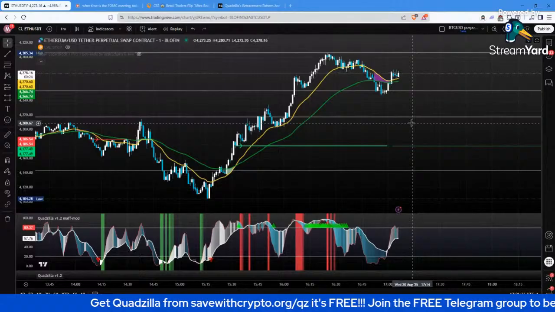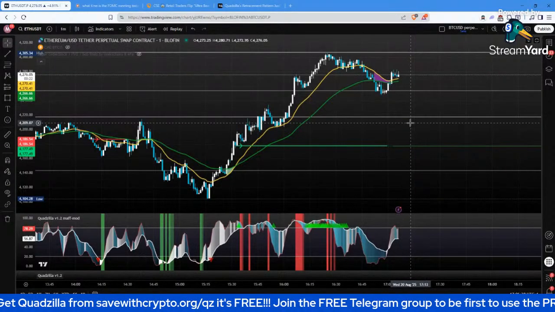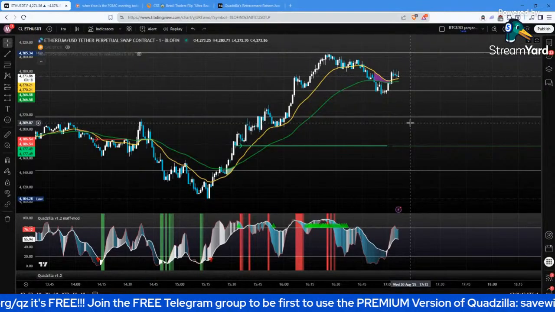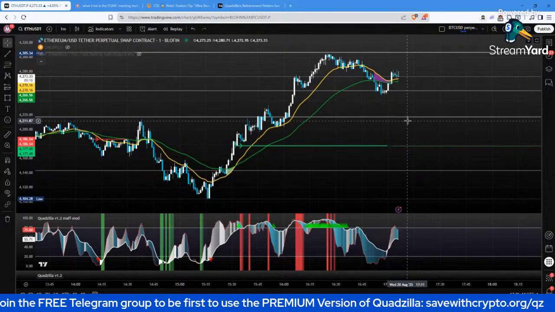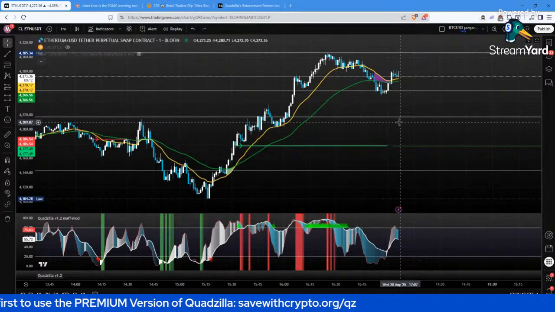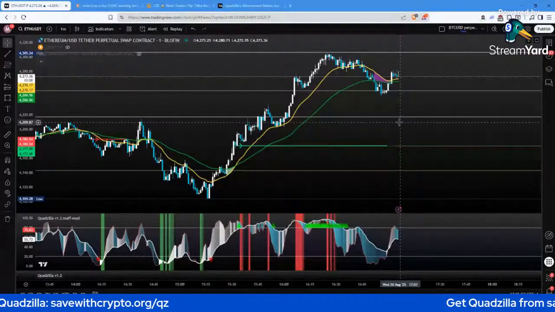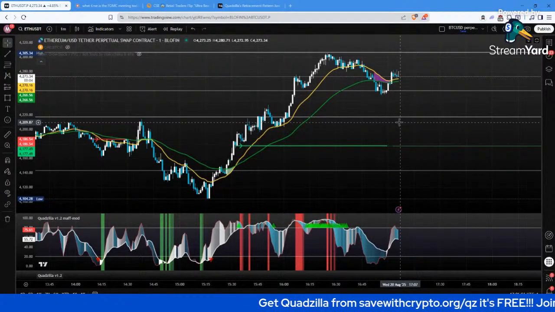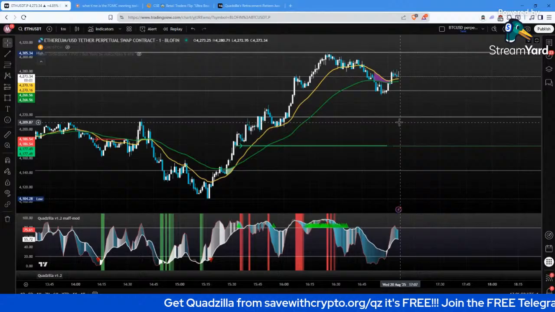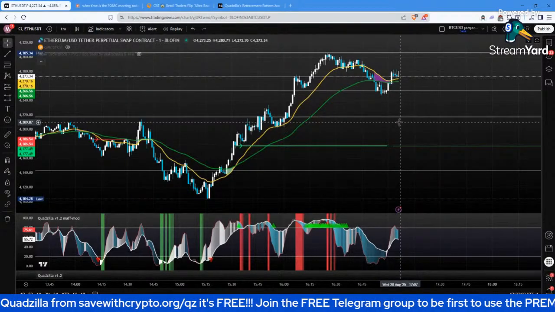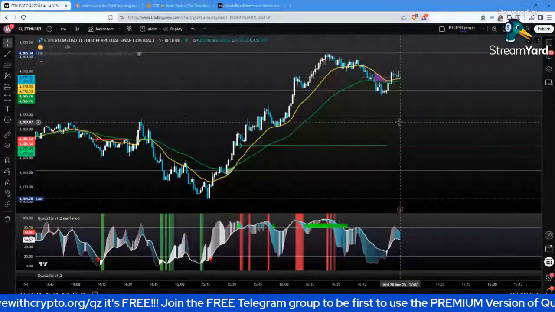So if anyone's got any questions about this, please do put them in the chat. The idea with these retracement levels is just something that came about when we started looking at the way the EMAs that I've been talking about for months behaved, when we started looking down at the red and green backgrounds in the actual momentum oscillator.